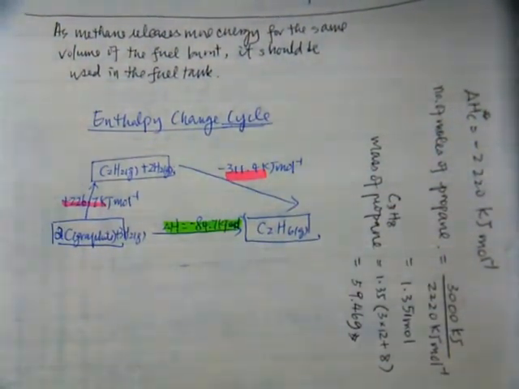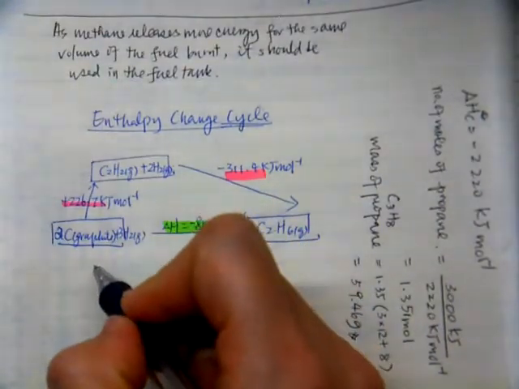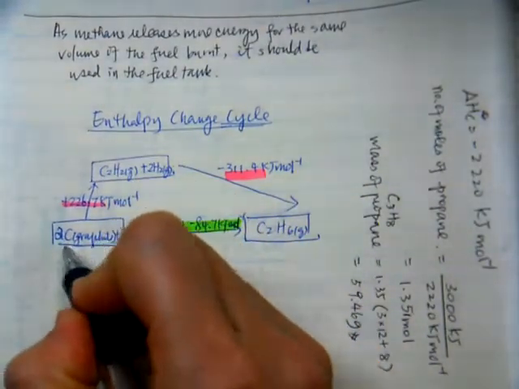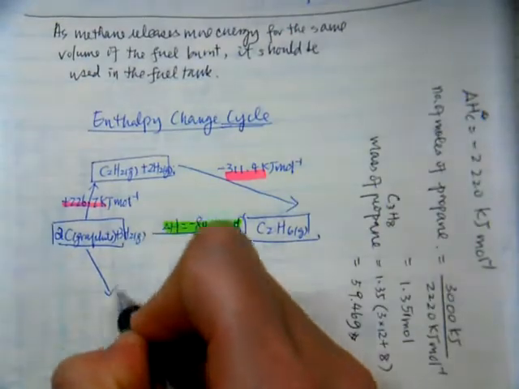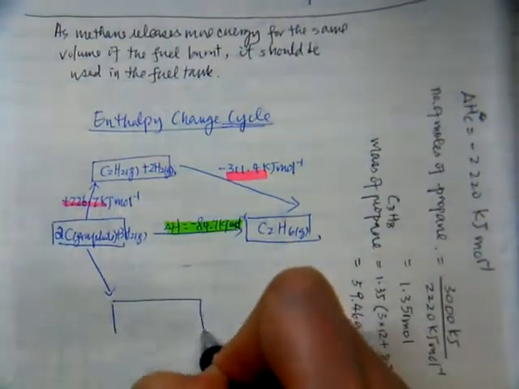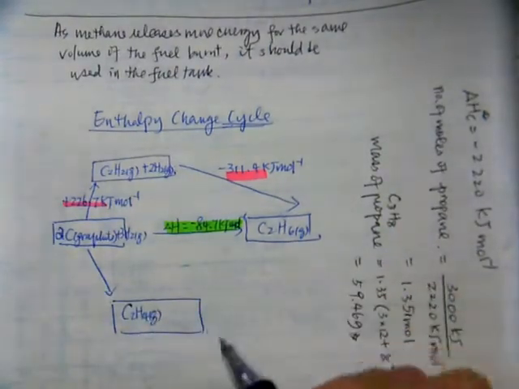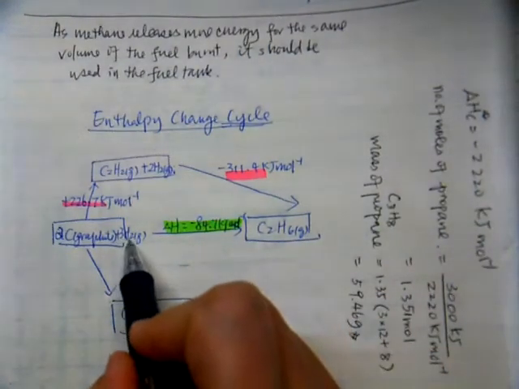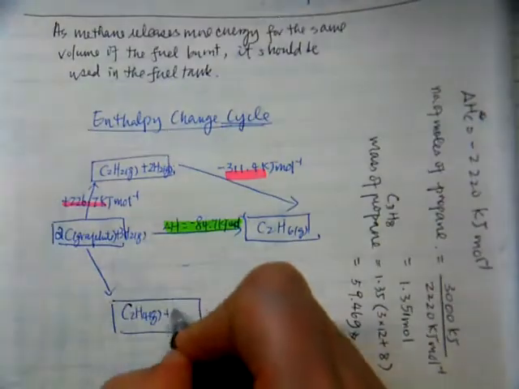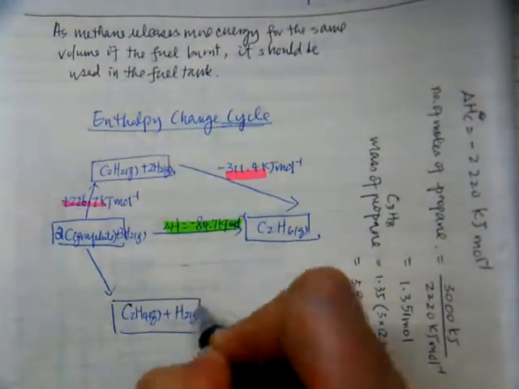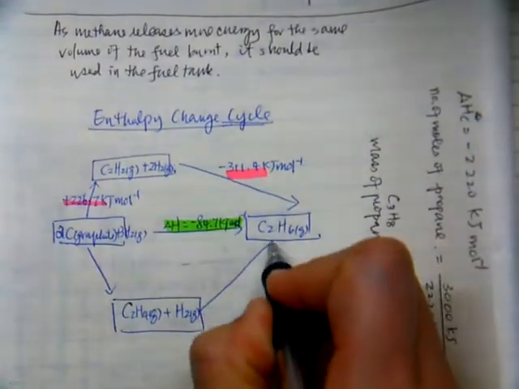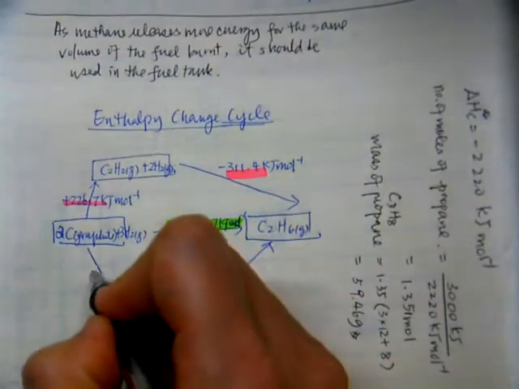And then the last step, last route C. Formation of C2H4. 2 moles of hydrogen are used. That means 1 mole of hydrogen is left behind. After that, ethane is formed.